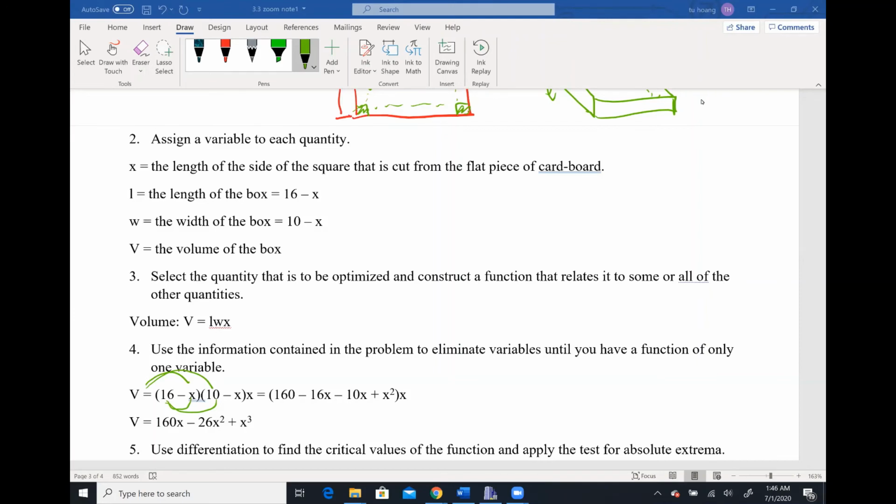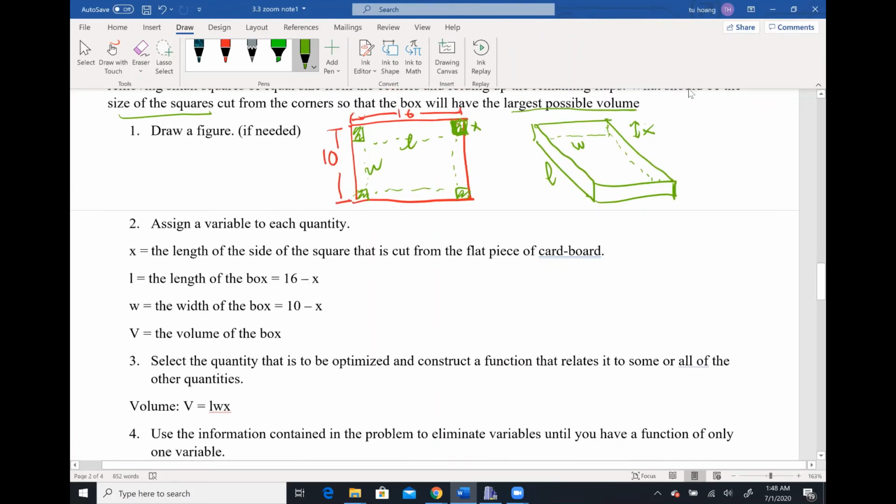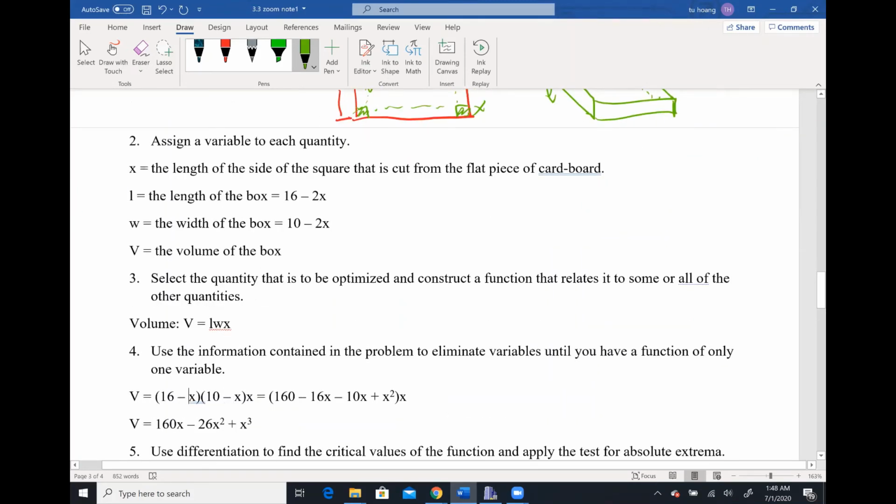After you do distribution, there is a small mistake I made here. For W, it should not be minus x, it is minus 2x, and for L you are also minus 2x because you have two sides. So these change to 2x.